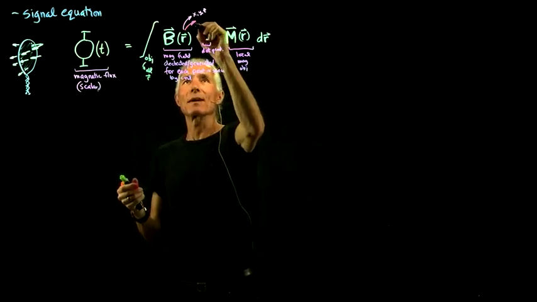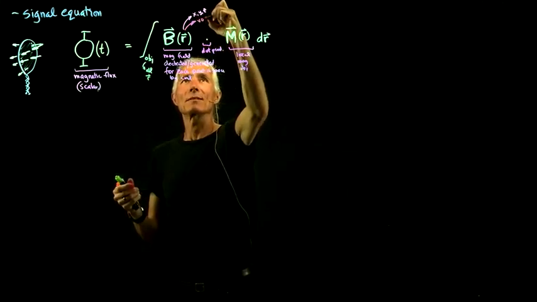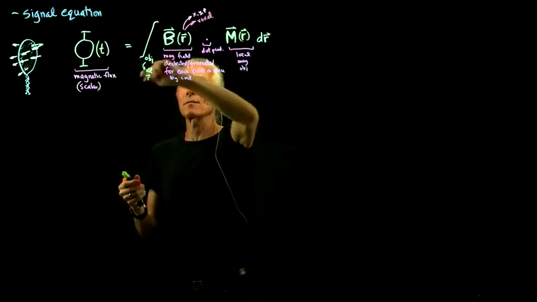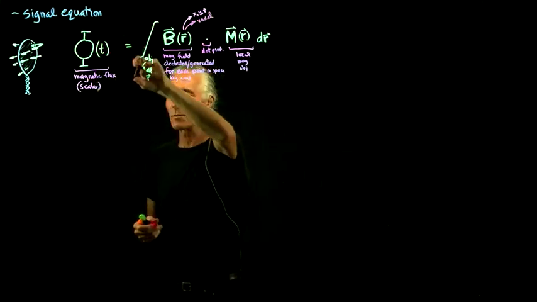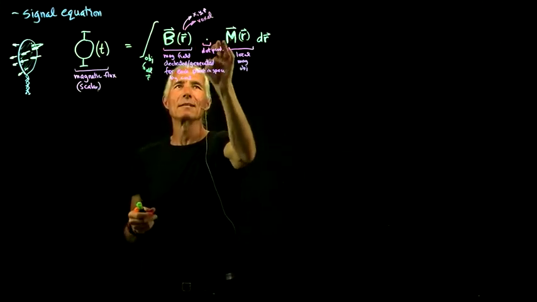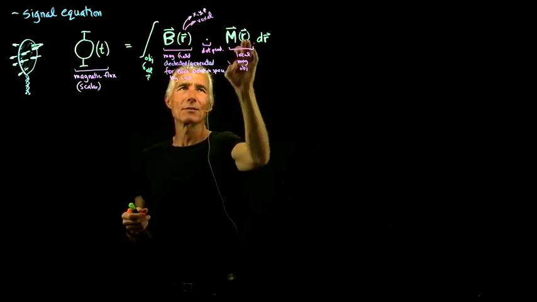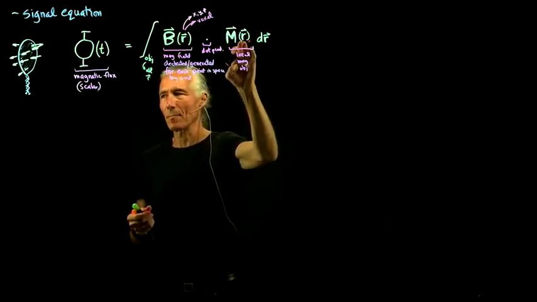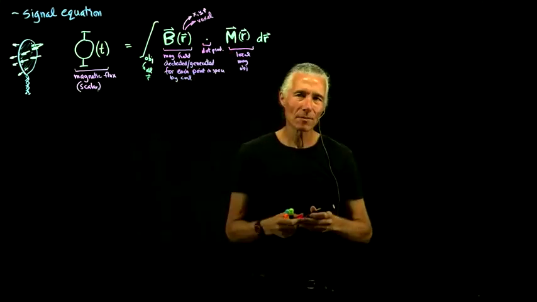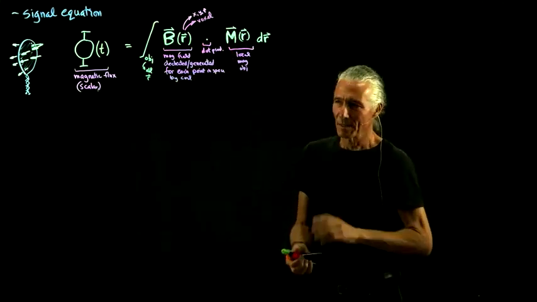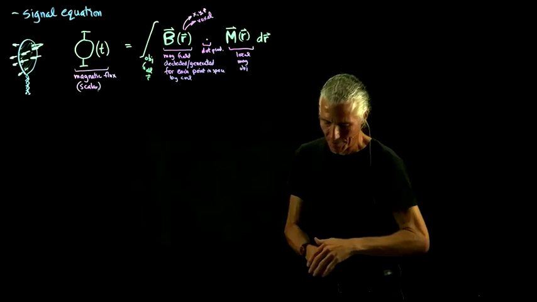This thing is like a voxel, for every voxel. So this equation says the magnetic flux equals, for every voxel, see how similar the magnetic field generated by the coil is to whatever magnetic field is in the sample.